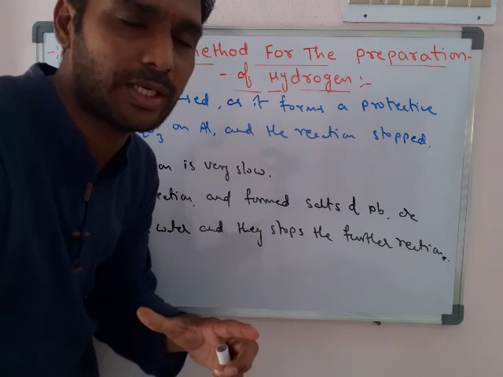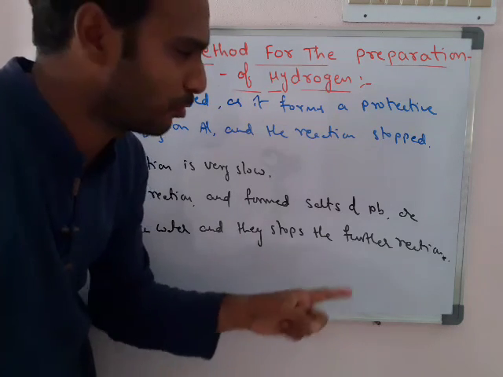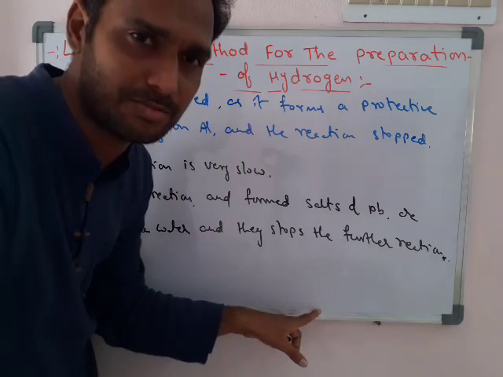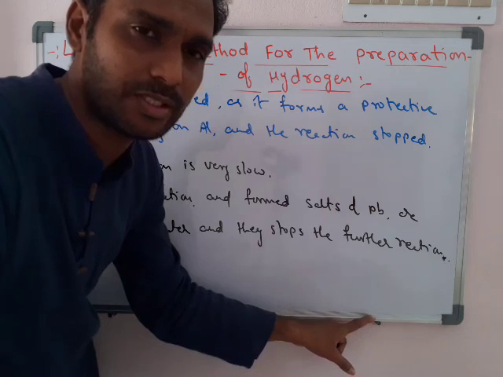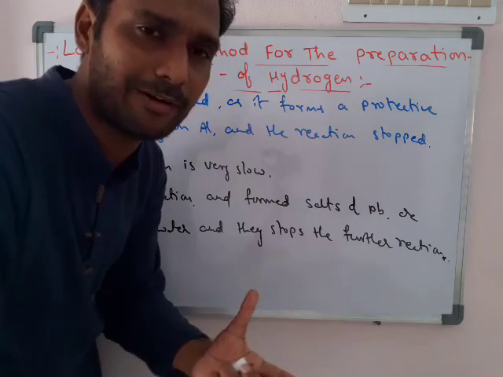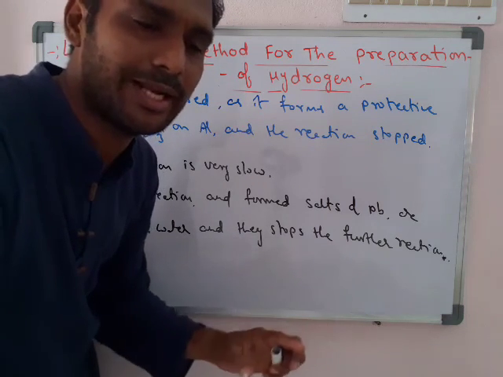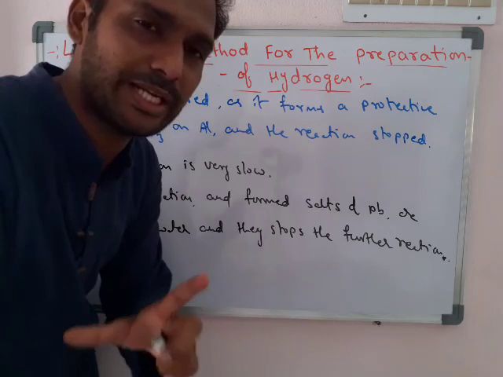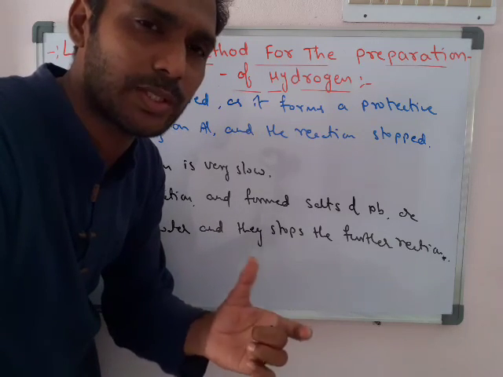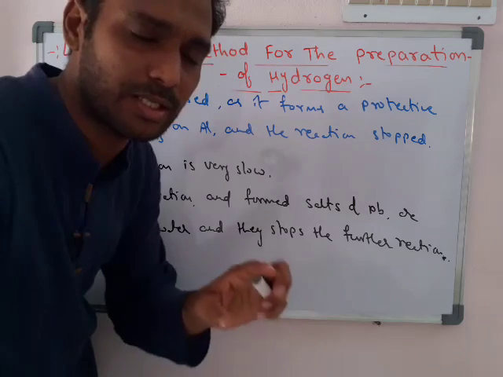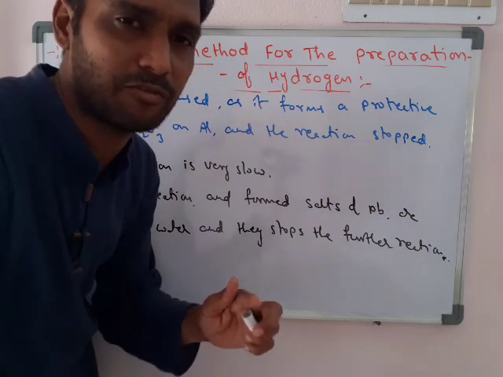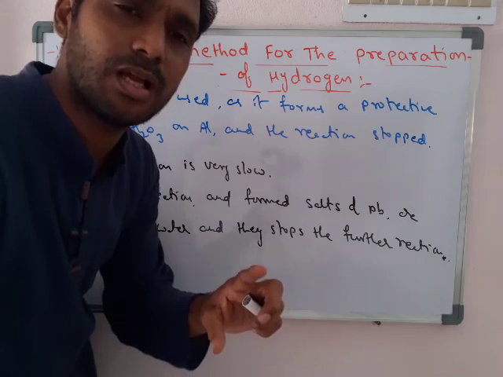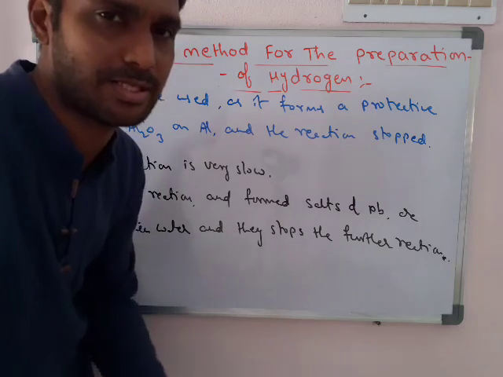Next, one more important thing: the hydrogen gas formed, we collected at the top of the beehive shelf in a gas jar. So in the gas jar we got the hydrogen gas. At the end of the preparation we get H2, but H2 also contains many impurities. What are those impurities, how to remove those impurities, there is a separate experiment for that. So we will discuss that in the next session.